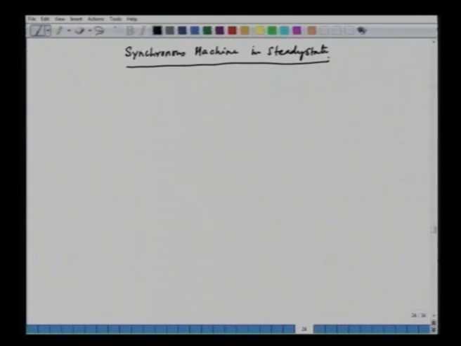So, we will try to write an equation for the DQ model, and we will consider the rotor reference frame.